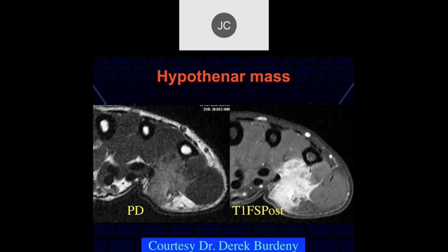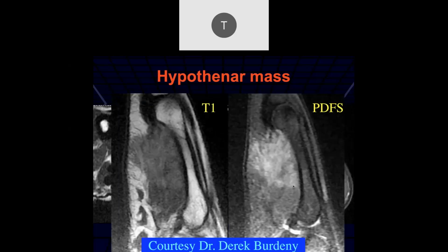All right, so looks like in the hypothenar soft tissue there, there's some intermediate signal soft tissue that enhances. Kind of looks like scar to me. Yeah, because they have these kind of spicules. I agree with you, it looks like scar.